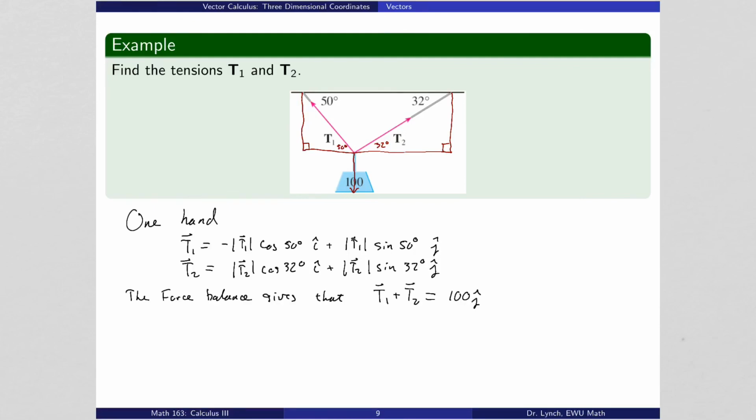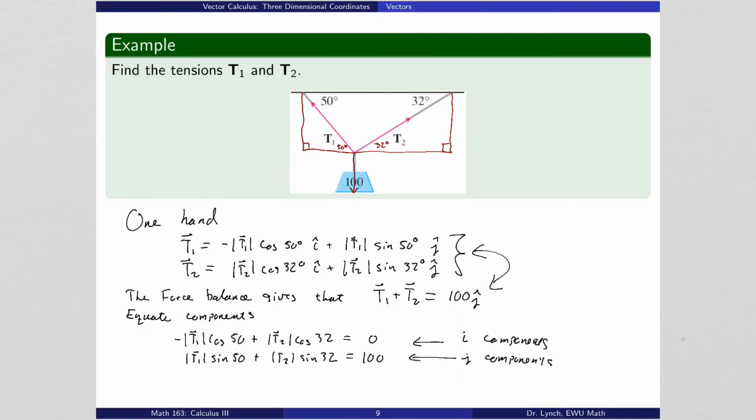Now force balance tells us, of course, that the tensions T1 plus T2 balance the force of 100 pounds pointing down, so they have to point up by 100 pounds. So that's 100 j hat. Pretty quickly we can equate components and find two equations in two unknowns.